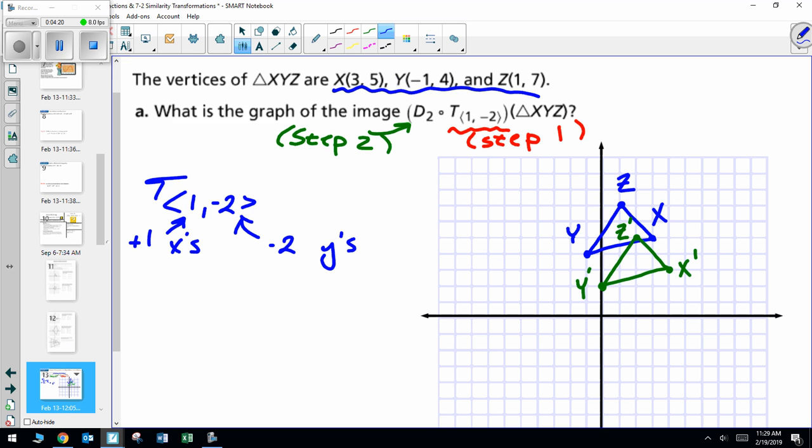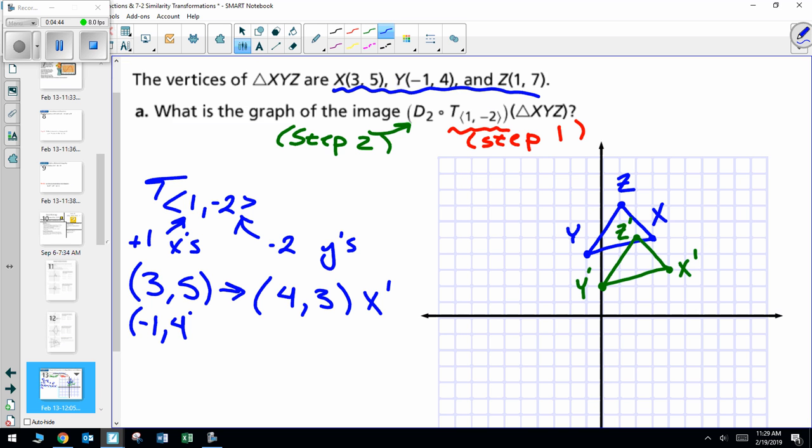Right? So if I would have done this algebraically, my x coordinate, adding 1 to the x, would have gone to 4, minus 2 from the y. Now it's at 4, 3. Right? And that matches, that's where x prime is at. Same for the other two coordinates.